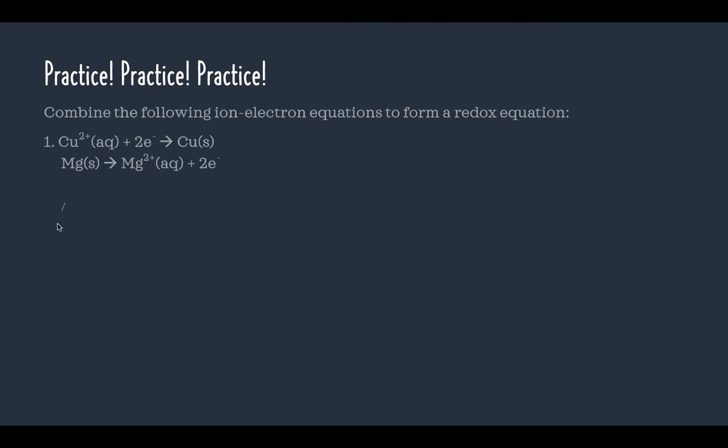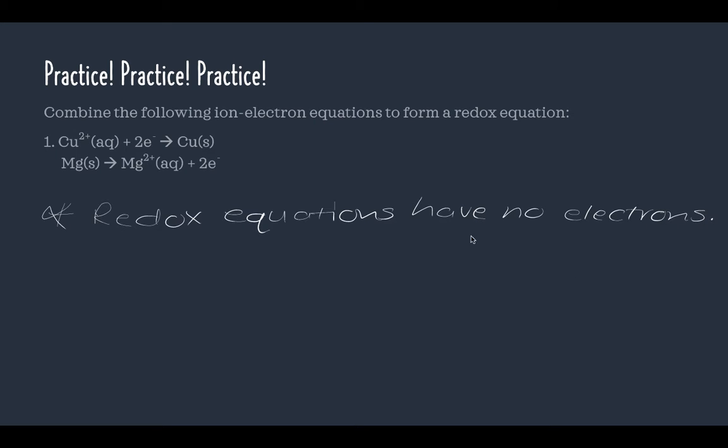Now, let's just remember, redox equations have no electrons. So when we are combining these equations together, we need to get rid of the electrons.